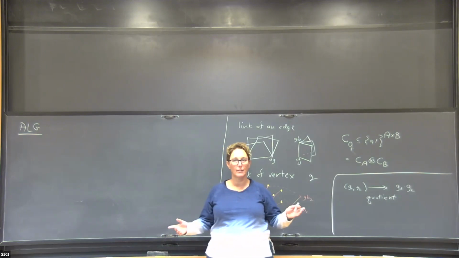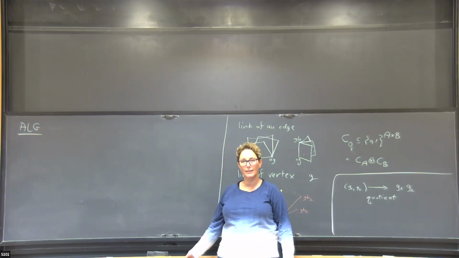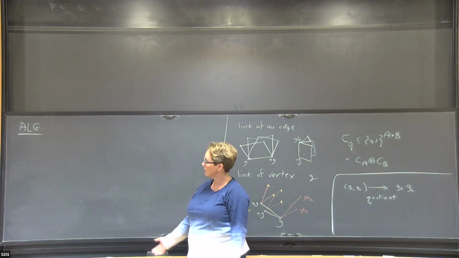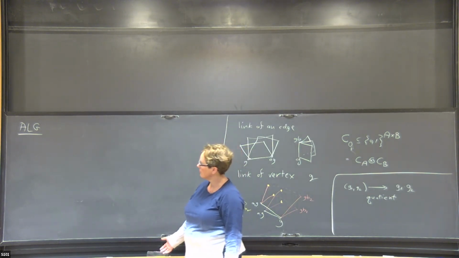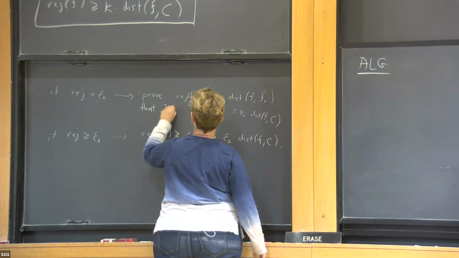Question: about what Avi said, does this algorithm work for decoding? Yeah, we'll see. Prove that there exists f0 with this property, which the algorithm will find.